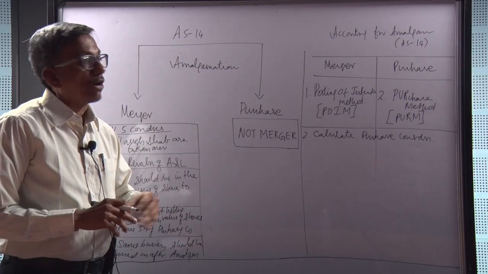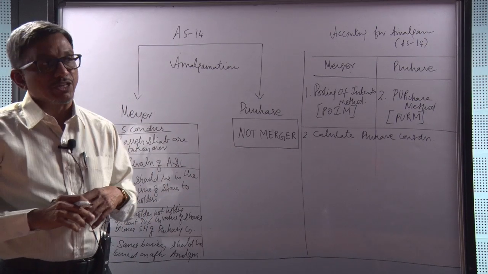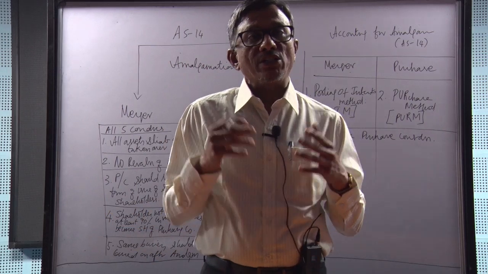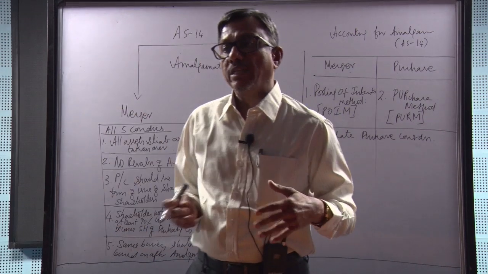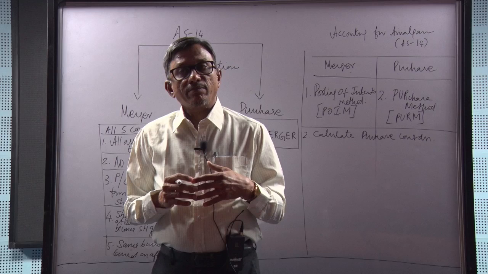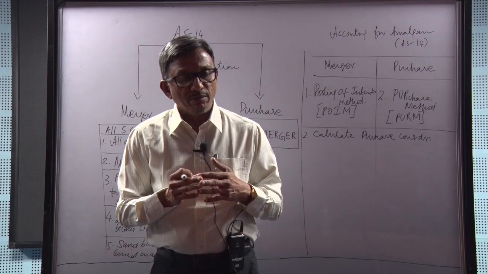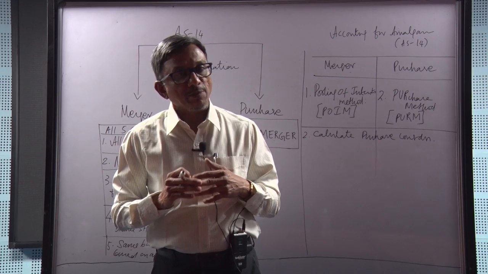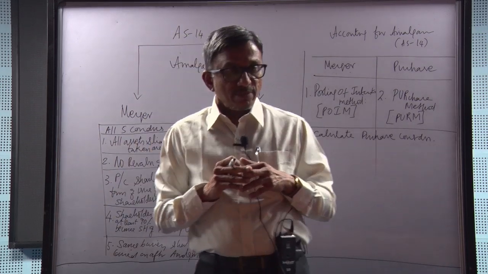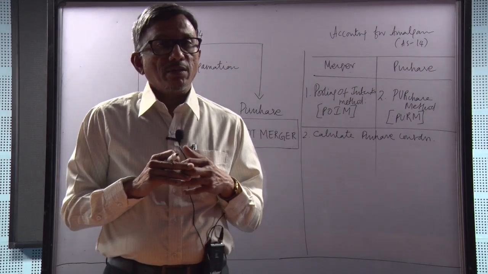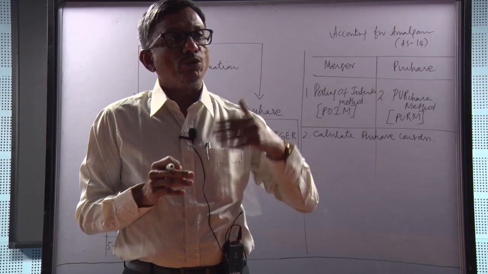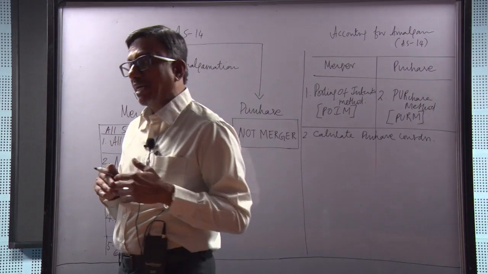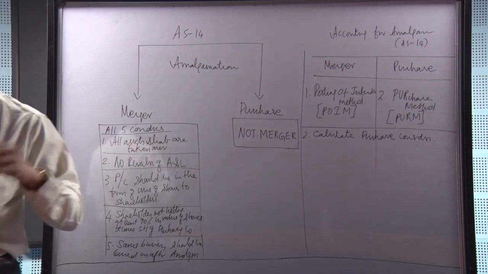In this connection, we have to learn what is purchase consideration. Purchase consideration is nothing but whatever shares or debentures or securities or cash, the aggregate of all that given to the shareholders of the transferor company is known as the purchase consideration. In other words, if the purchasing company is going to issue debentures to debenture holders, that should not be taken as part of the purchase consideration.